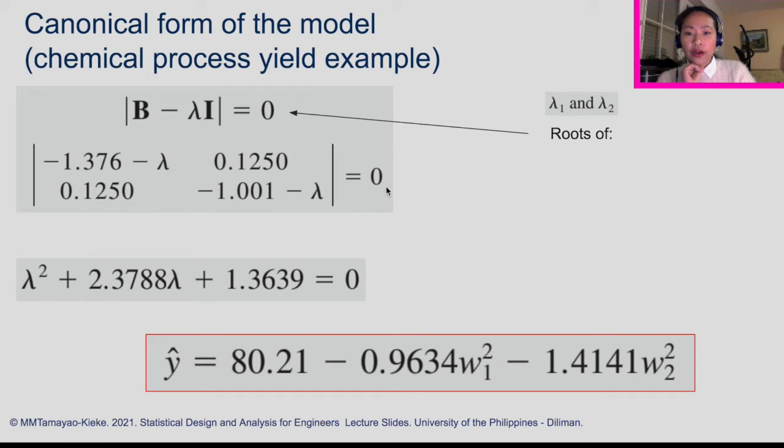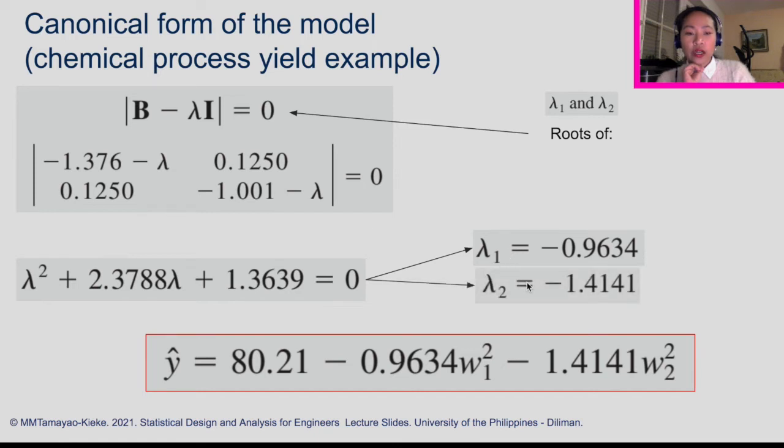From here we get lambda squared plus 2.3788 lambda plus 1.3639. The roots of this equation are as follows: lambda 1 equals negative 0.9634, lambda 2 equals negative 1.414.